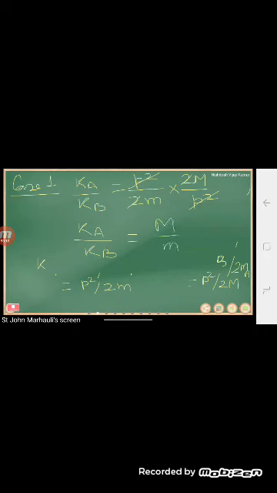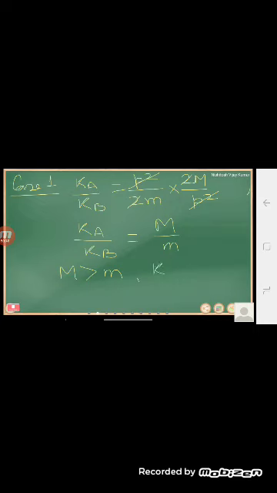Now what does this signify? We have already studied before that M is greater than small m, which means that Ka will be greater than Kb, which means that a lighter body will have greater kinetic energy as compared to the heavy body.